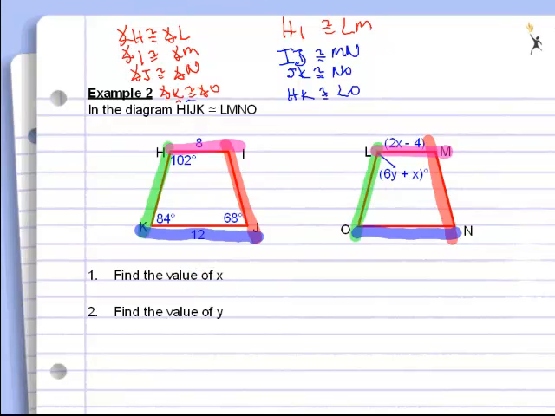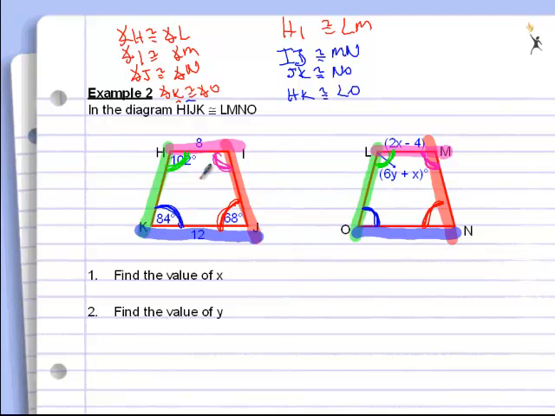Let's talk about angles. This angle should be congruent with this angle. This angle should be congruent with this angle. This angle should be congruent with this angle. And you guessed it, this angle should be congruent with this angle.